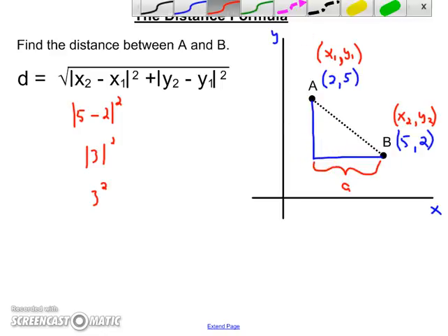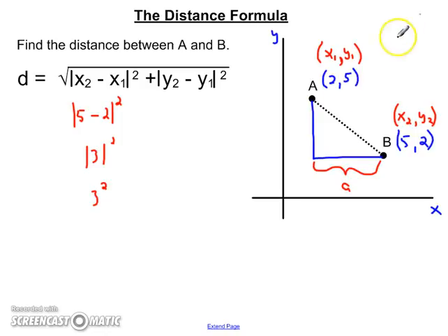Okay. Now, the y2 minus y1 is calculating the length of this leg, and this would be my b. So we'd go b squared, right? My y2 in this case is a 2, minus my y1 which is a 5, and we are going to be taking an absolute value. 2 minus 5 is negative 3.